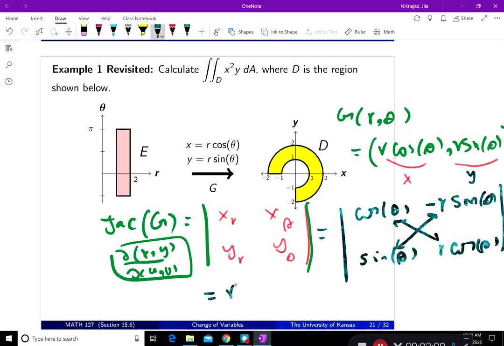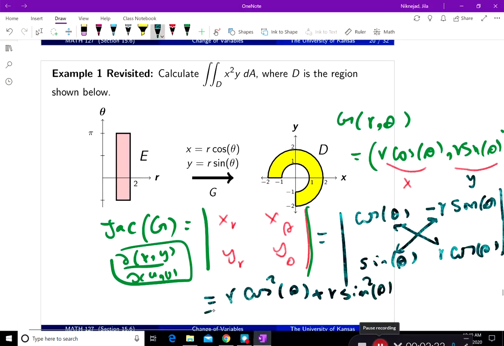So it would be r cosine squared theta, then minus this times that, which is minus times minus, plus r sine squared theta.